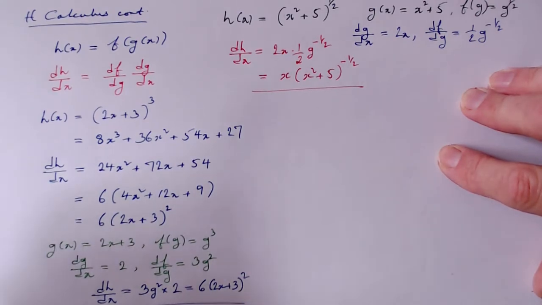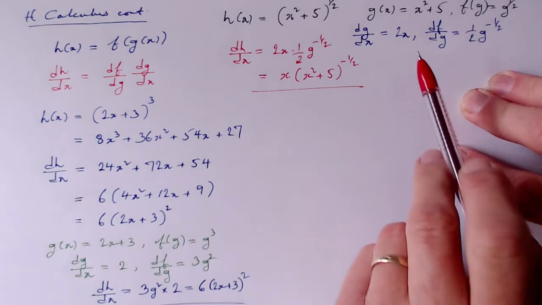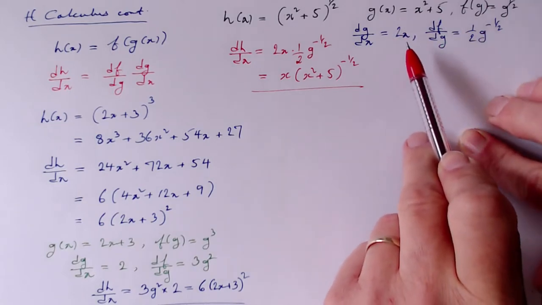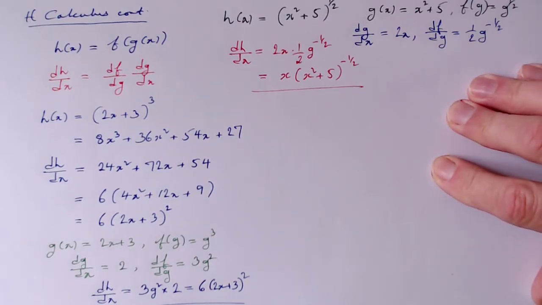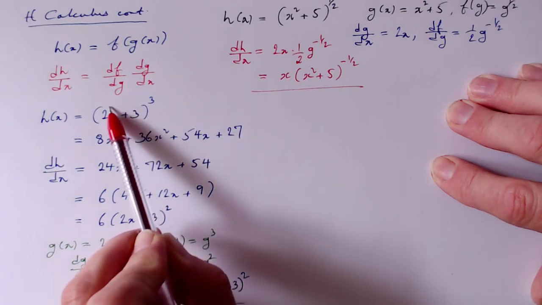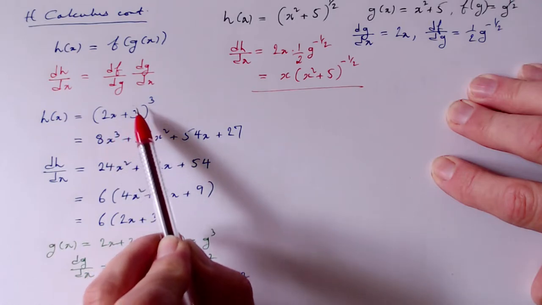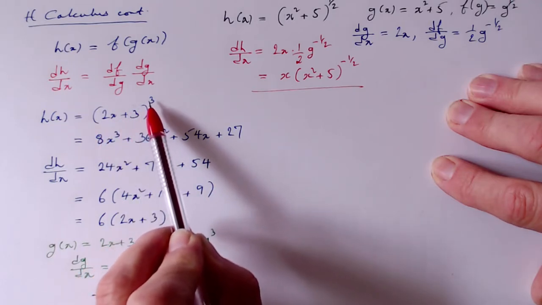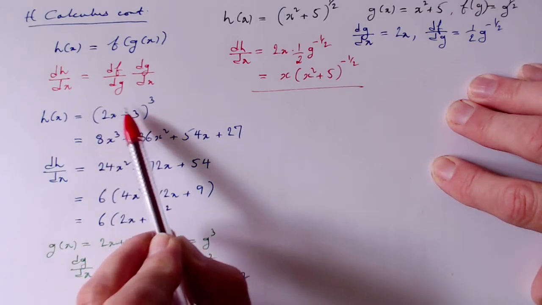And let's just take stock here, because although I'm following a recipe of identifying an inner and an outer function, differentiating each and then multiplying them together, with enough practice you won't really even need to do that, because you'll see that what we're actually doing with the chain rule is thinking of an inner function as a block, and we just differentiate the thing that's acting on that inner function, which is a cubic here. So we bring the 3 down, have this thing squared, and then we differentiate the inner function.